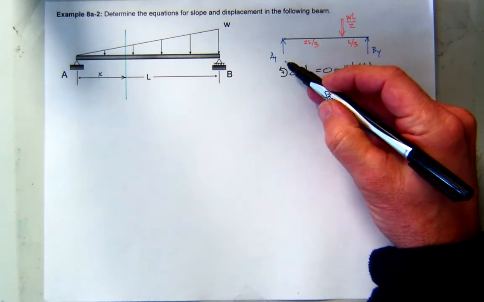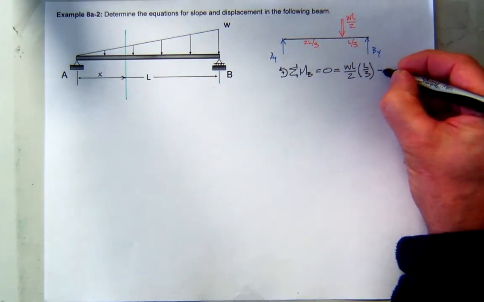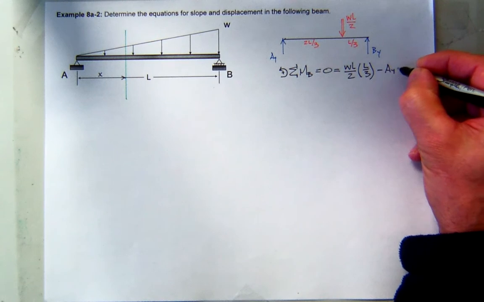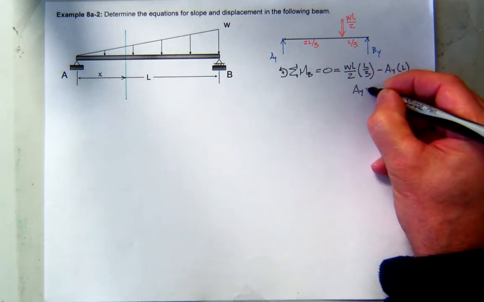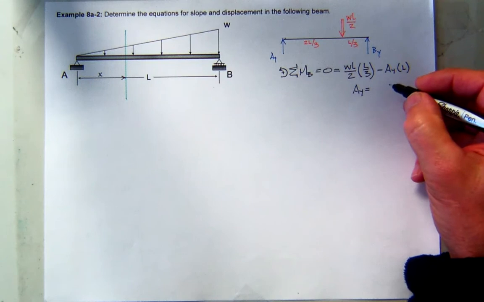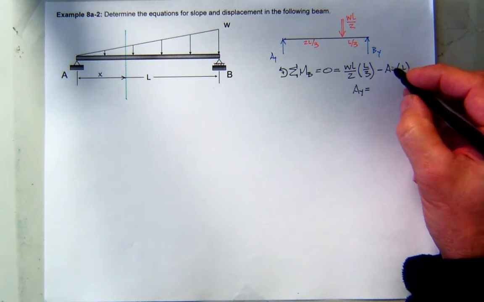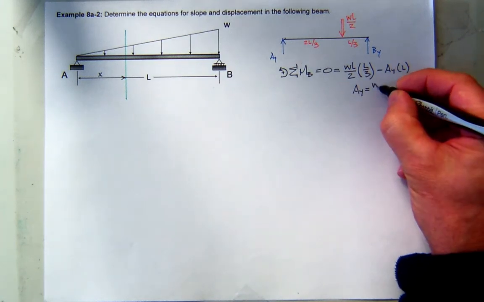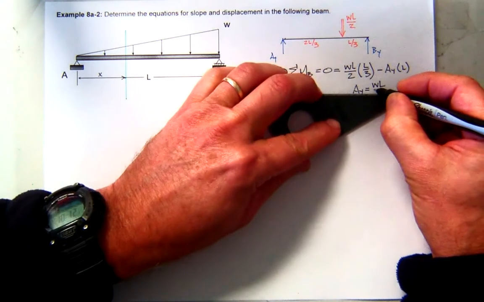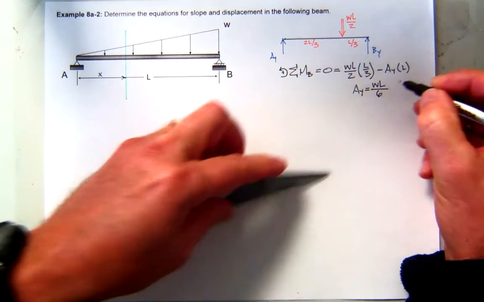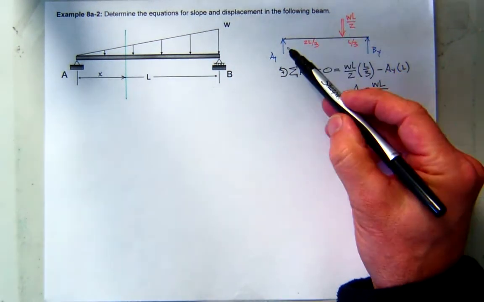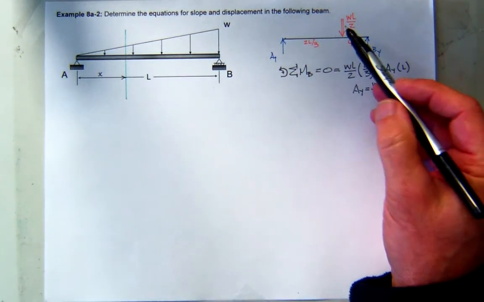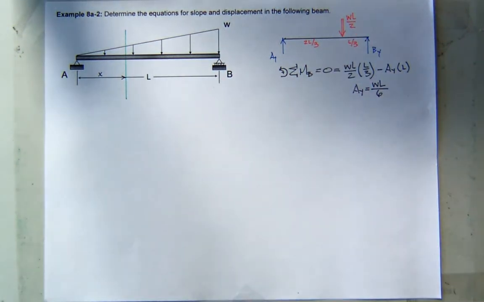And then AY will create negative moment, and that'll be AY times L. So it looks like AY will be WL over 6. And that seems reasonable. So basically, 1/3 of this load goes to AY, and 2/3 of it would go to BY.